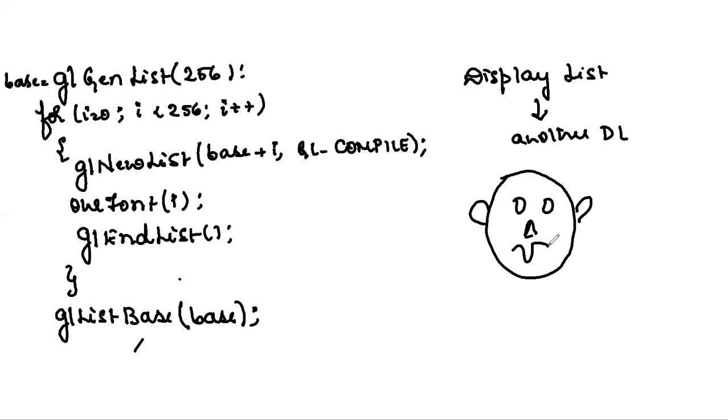Now let us see how to do that. Each face basically has two identical eyes, two identical ears, the outline, the nose, and the mouth. So now let us see how to do this using the display list. If you recall, we had written #define BOX for the box.